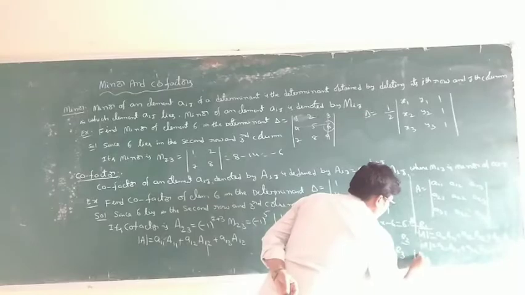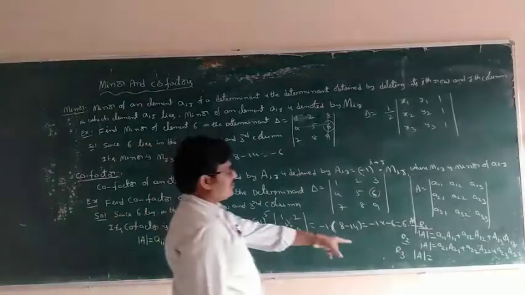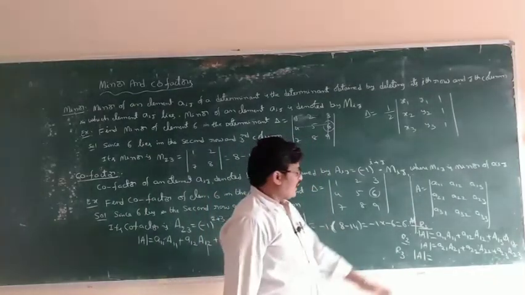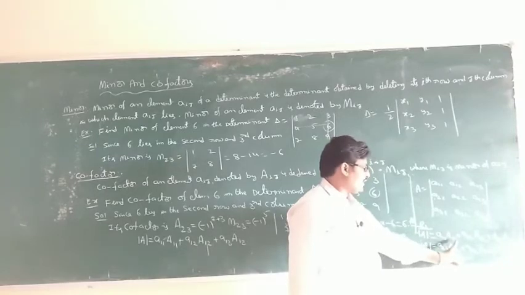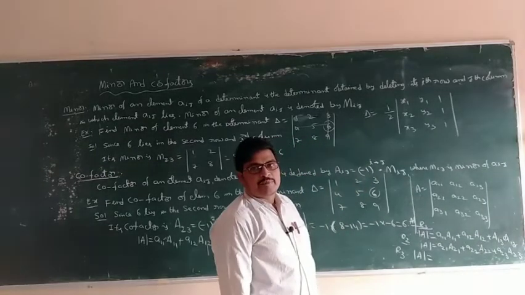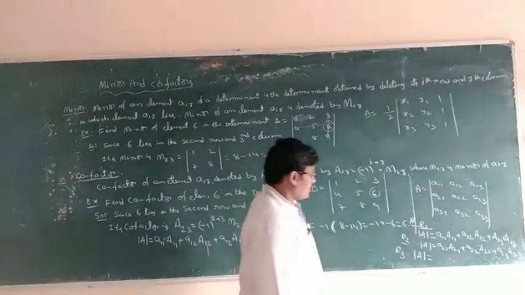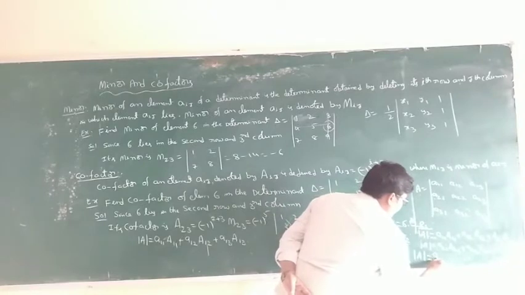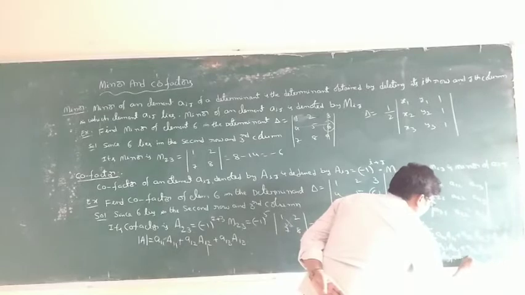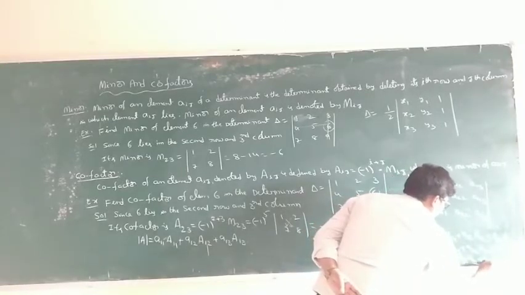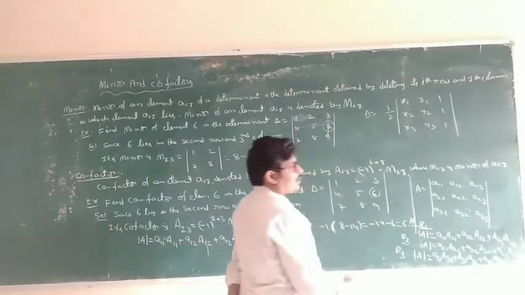Along the third row, this is the minor of A, the cofactor of A. Capital A11 is denoted as the cofactor of small a11. Along row 3: a31 into capital A31, a32 into capital A32, plus a33 into capital A33. This is the det A formula.